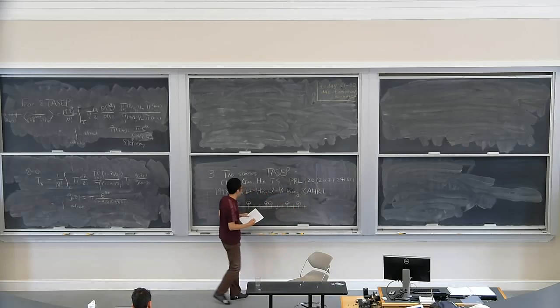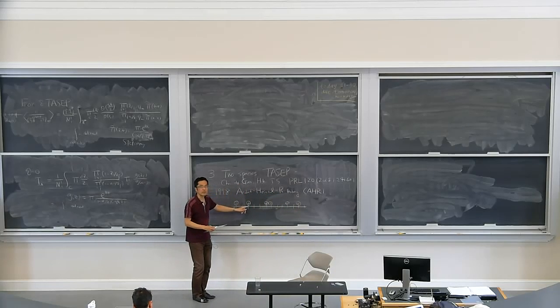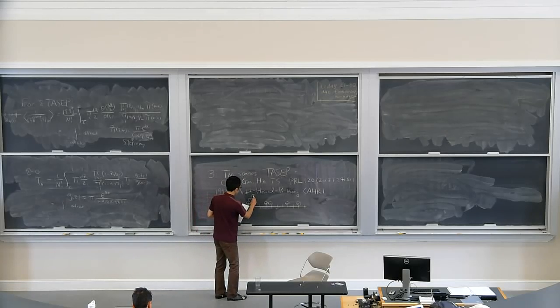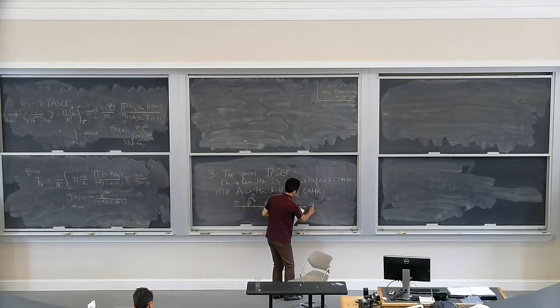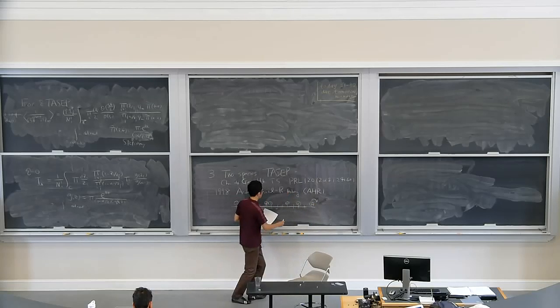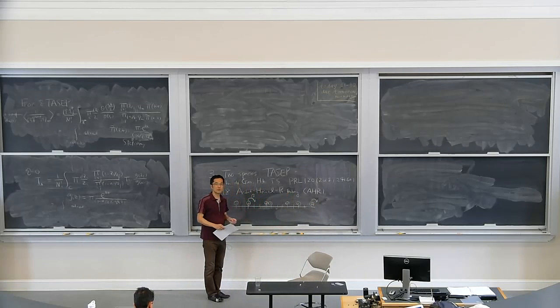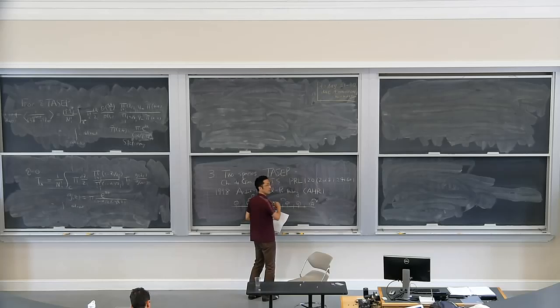The plus particles are basically TASEP particles, hopping only to the right with rate beta. Minus particles are also like TASEP particles, hopping only to the left, in the opposite direction, with rate alpha.